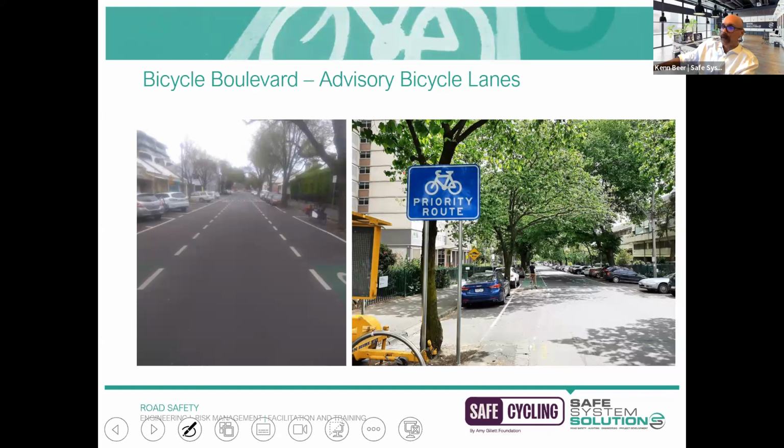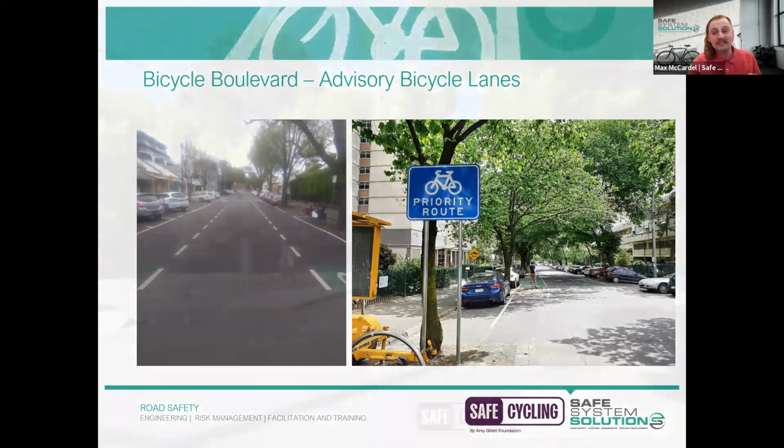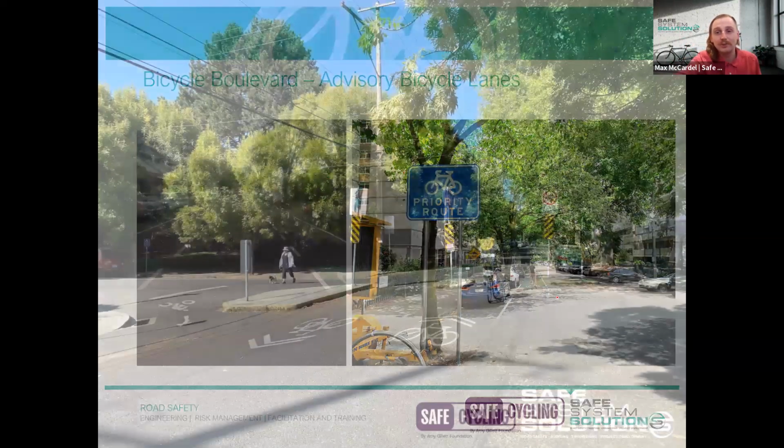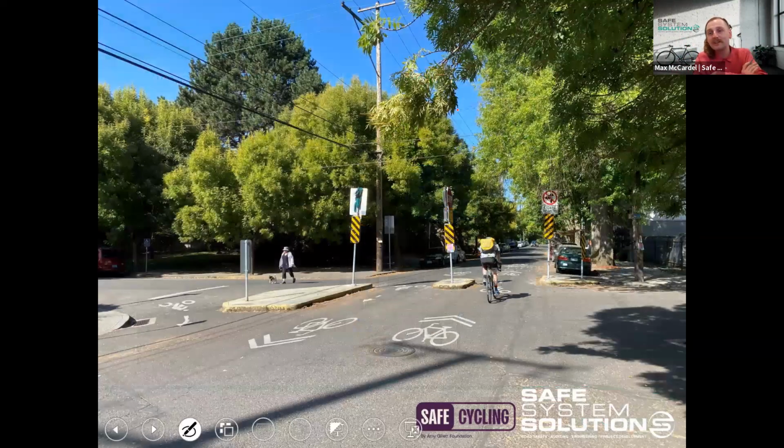Yeah. I believe I mentioned this in the previous module as well, but I did some cycling over in Portland where this type of treatment is incredibly common. They'll have an arterial road and then a parallel route, which is just local streets for cyclists. They do things like this where they close it off to general traffic, but cyclists get to travel on through.